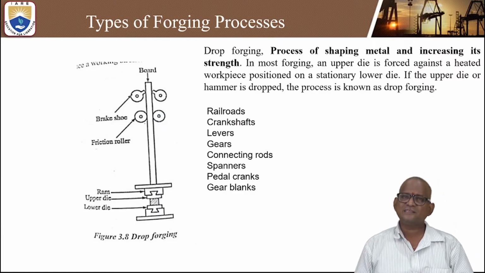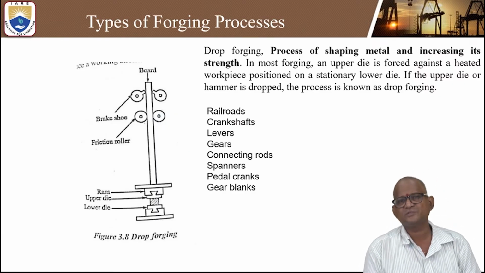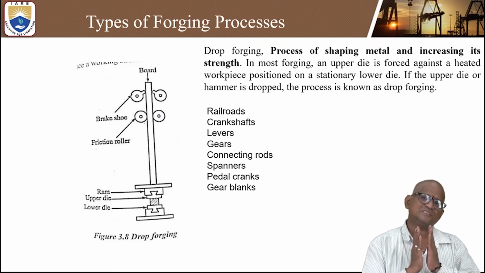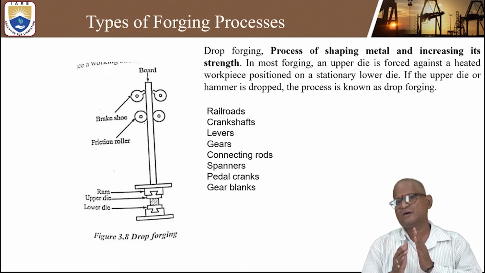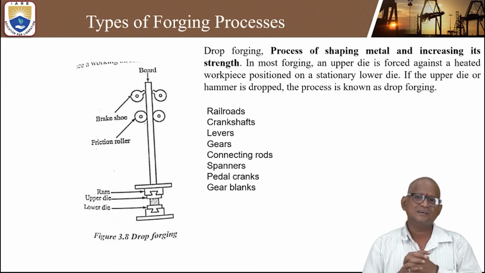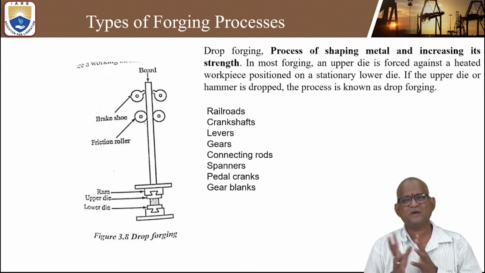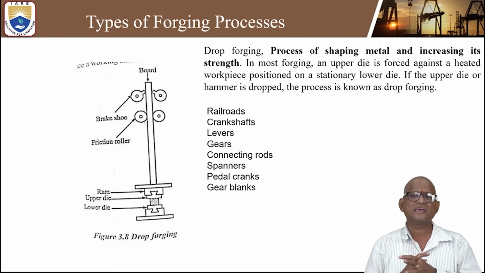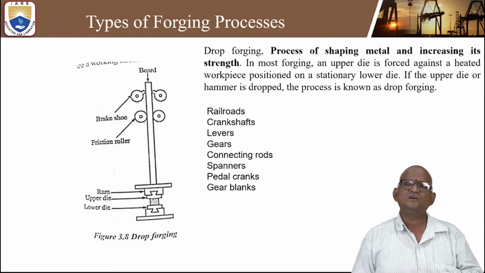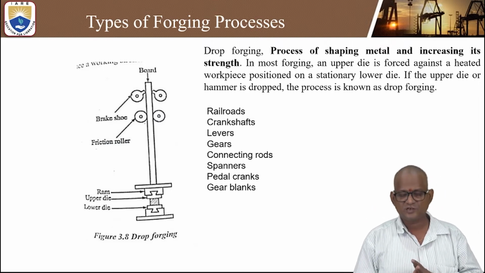Let us see another important type of forging process, drop forging. In general, the main purpose of drop forging is manufacturing crankshafts, connecting rods, camshafts, spanners, cranks, gear blocks, levers, and railroads.